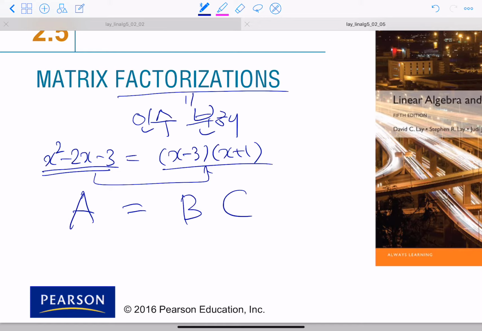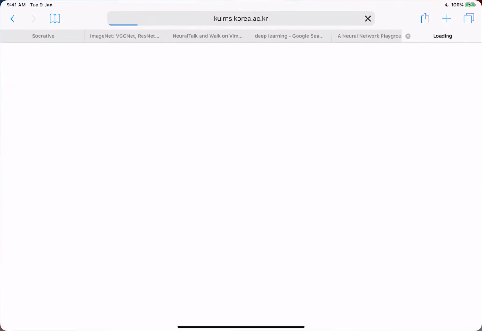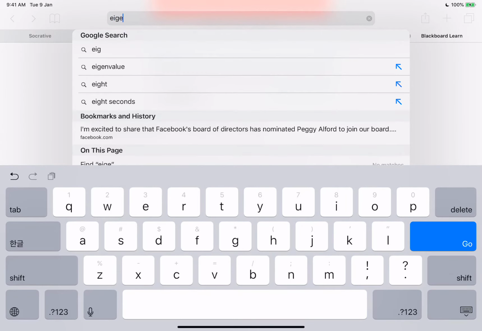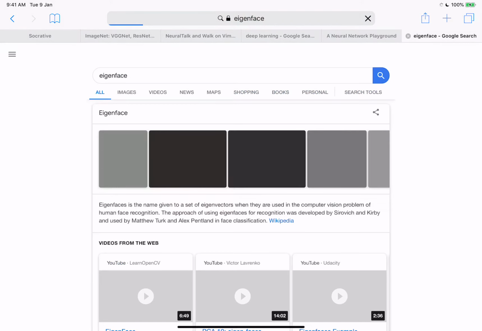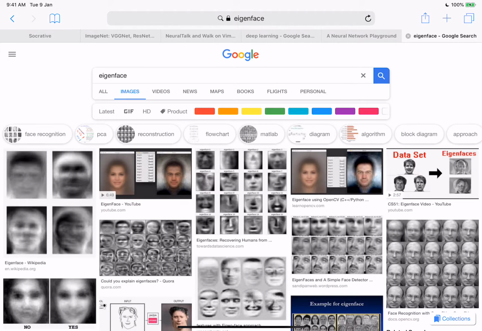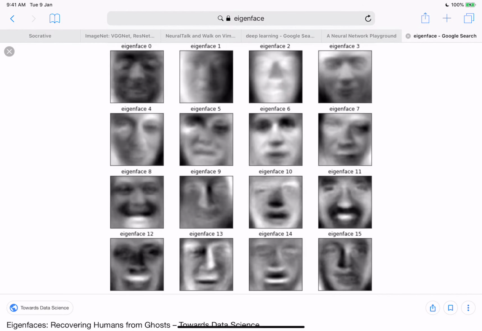For example, in the case of machine learning, just to give you some interest, although it's quite an old technique, these figures are the result of matrix factorization when using as the input matrix a collection of all the facial images that we are given.